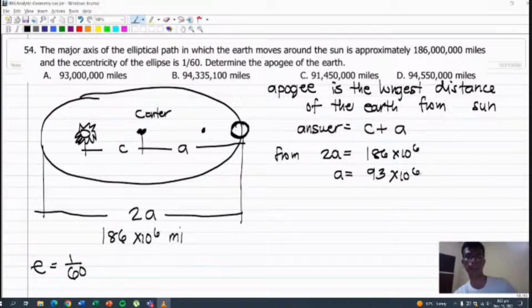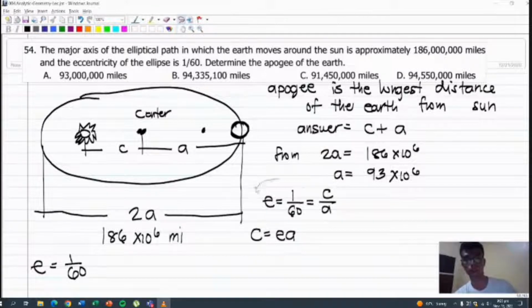So, paano si C? Gamitin natin yung eccentricity. Kasi, given yung eccentricity, alang-alang naman na hindi natin siya gamitin. So, yung eccentricity na 1 over 60, that is equal to C over A, di ba? So, if we are going to find the value of C, by cross multiplication, that is E times yung A. So, nakikita nyo na ba kung ano yung gagawin natin?